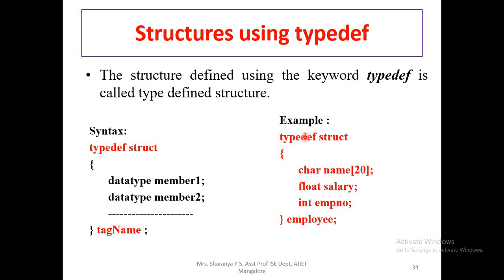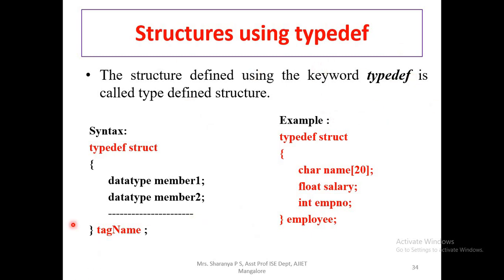If you look at the example, typedef struct, struct is the keyword which is mandatory for the structure. Along with that we define typedef, and at the end we define employee. This is one more way we can create structures by using the typedef keyword.